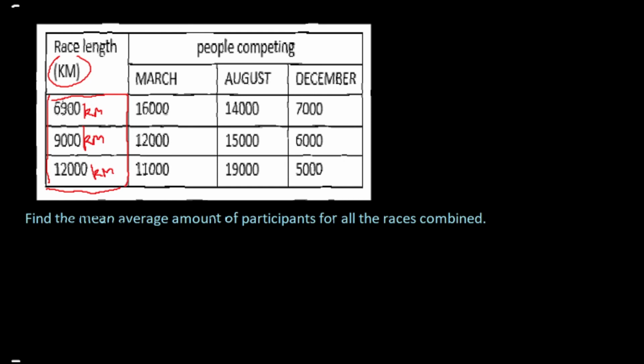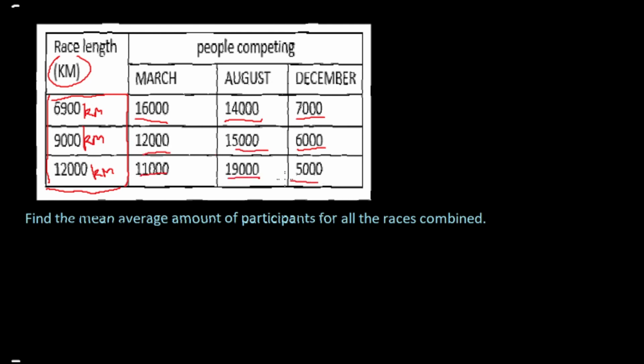So that means you did a 6,900 kilometre race, and there was one that happened in March, one in August, and one in December. So altogether, can you see there were 9 races? 3 that were this long, 3 that were this long, and 3 that were this long. So if we want to find the amount of participants, we just need to add these 9 numbers together.